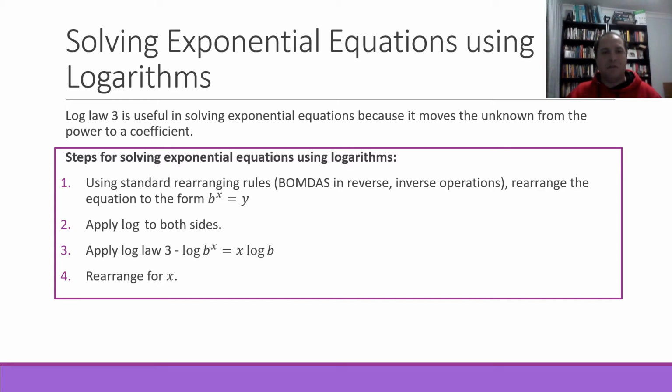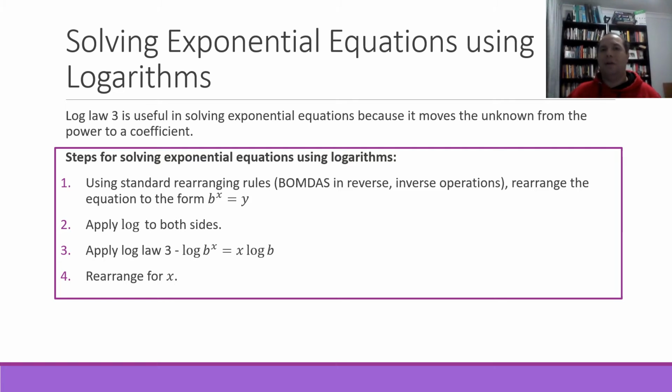So our steps for solving an exponential equation using logarithms. First of all, we want to use our normal rearranging rules, BOMDAS in reverse, inverse operations, to rearrange our equation so that we have it of the form something to the power of x or something to some unknown power. It could be an expression, x minus 1, or just x on its own, whatever it is, doesn't really matter, as long as you've got your equation down to a form base to some power involving an unknown equals some value.